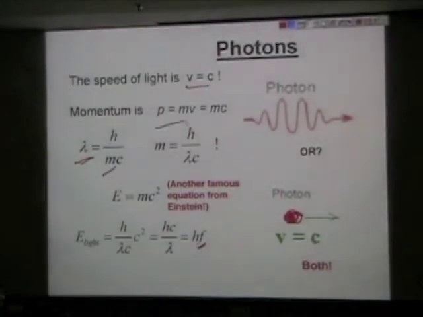Well, speed, momentum. For light, the equation is actually simpler.